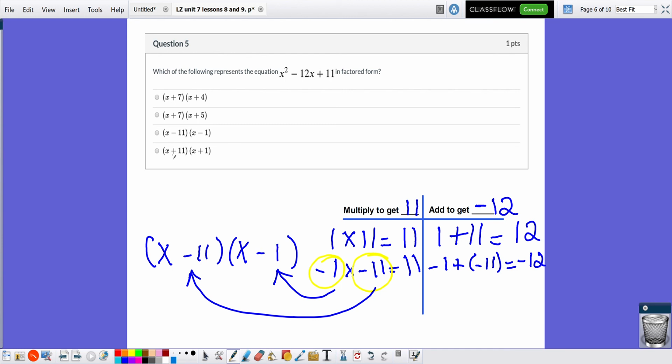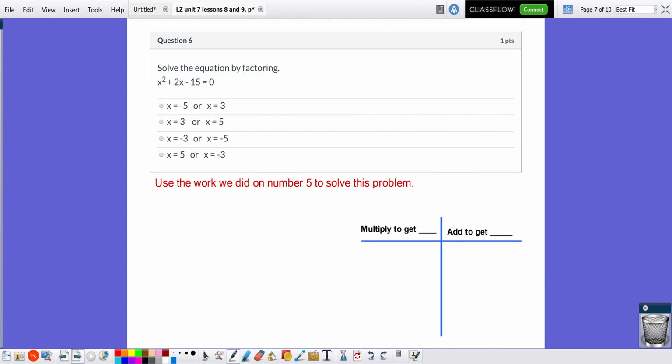So when I look on the top, the one that is the same is x minus 11 and x minus 1, and that's the exact answer that I got here. So this one is exactly what you did in number 5. So I will let you go ahead and work on this one by yourself. So we know that we need a number that will multiply and give you negative 15, and that will add and give you 2.